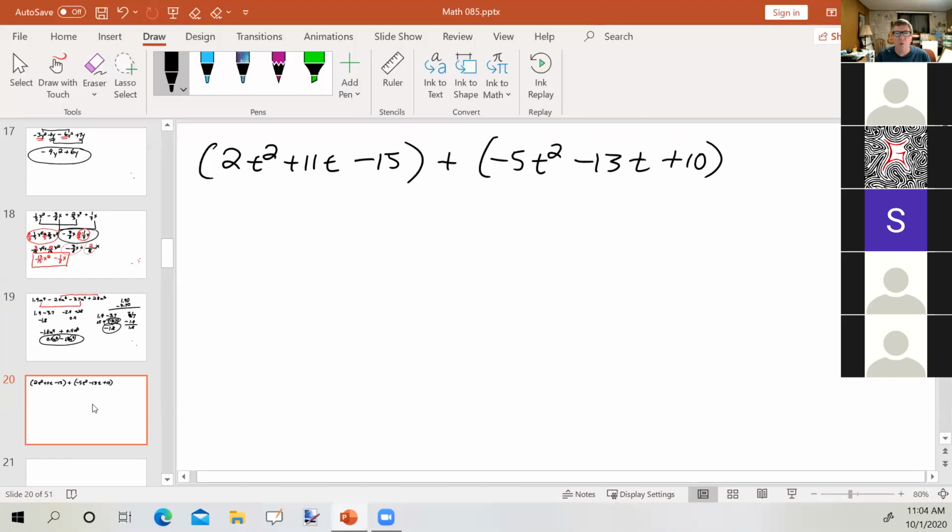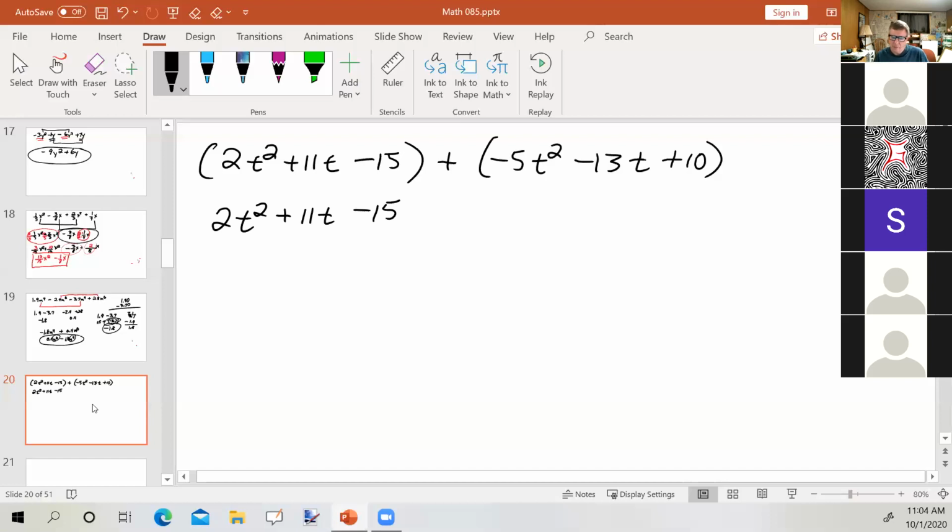So I have a trinomial plus a trinomial. When there's nothing in front of a trinomial, like the first one, there's no plus sign or minus sign or a number or anything, it's basically like there's one of them. And we could get rid of the set of parentheses and just write it like that.